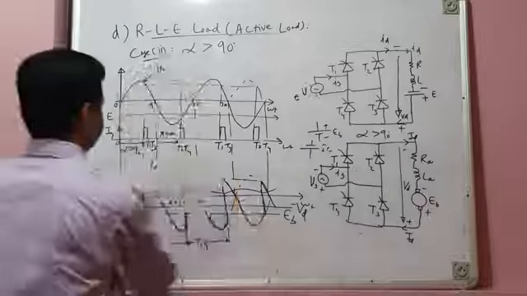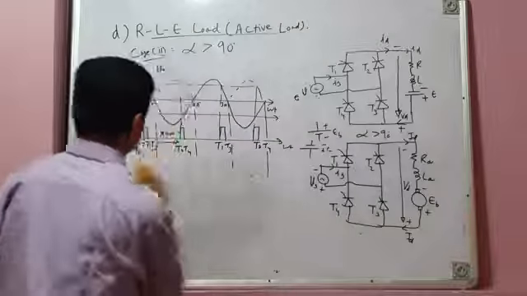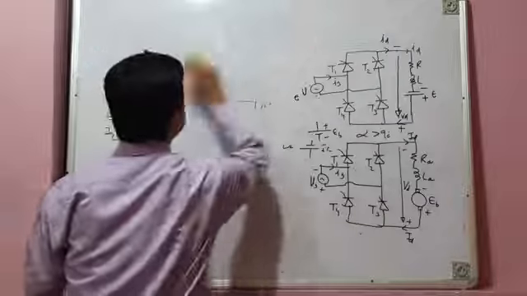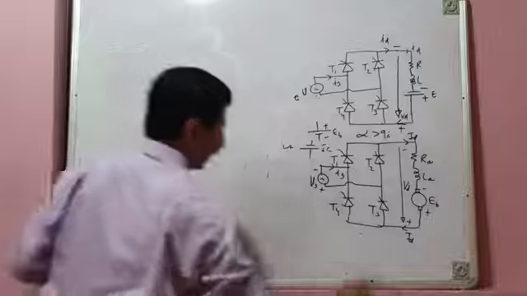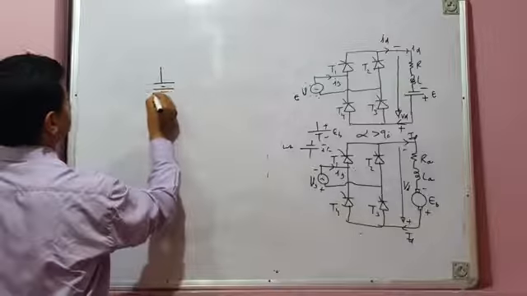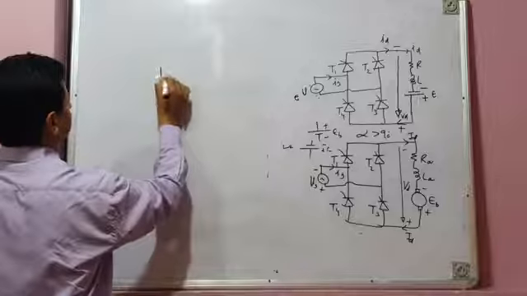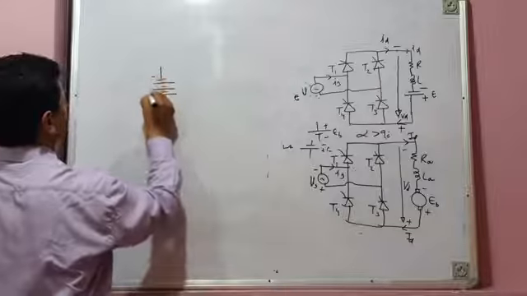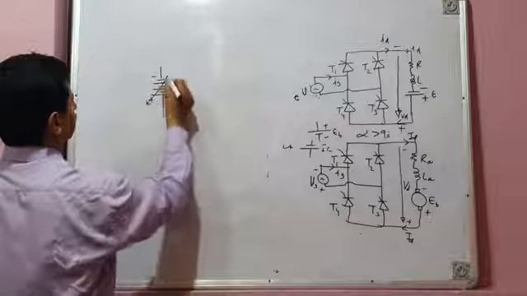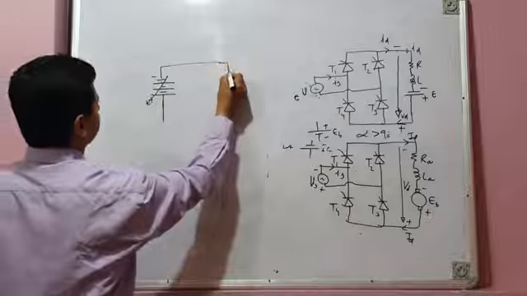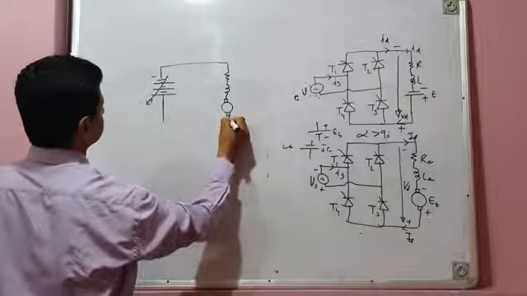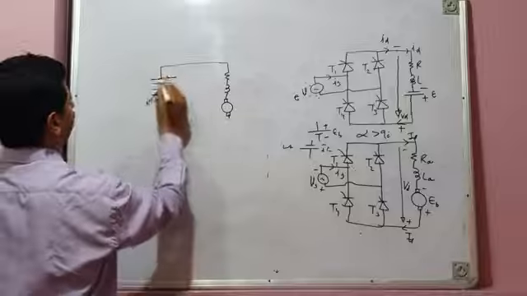Now, the question is, if this is your DC motor, see, this is your converter average output voltage, VD, and this is your DC motor. So let us first of all take rectification mode of operation.